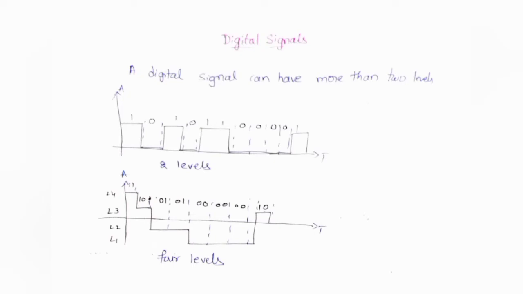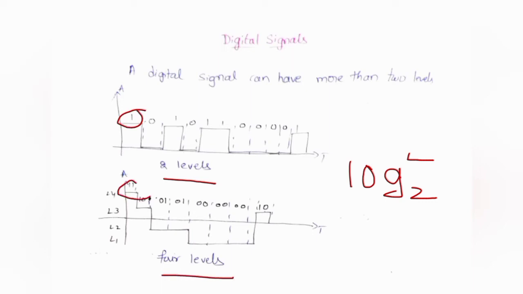In general, if a signal has L number of levels, then each level needs log L base 2 number of bits. With 2 levels, we send 1 bit for a particular level, and for the 4 levels, for each level we send 2 bits.